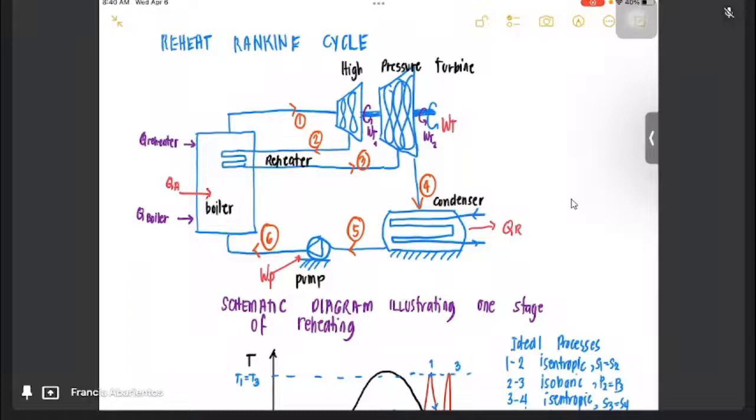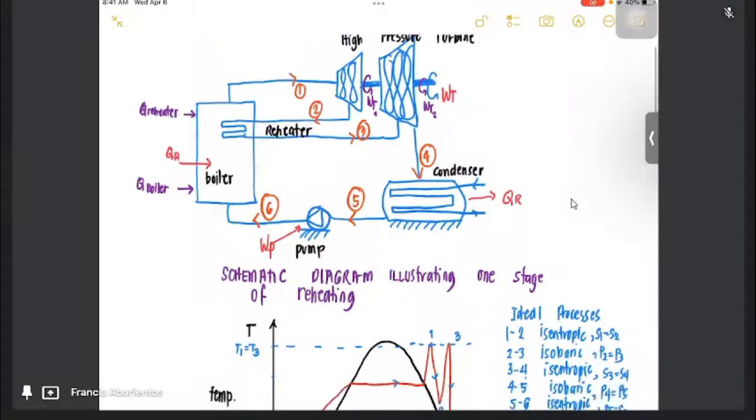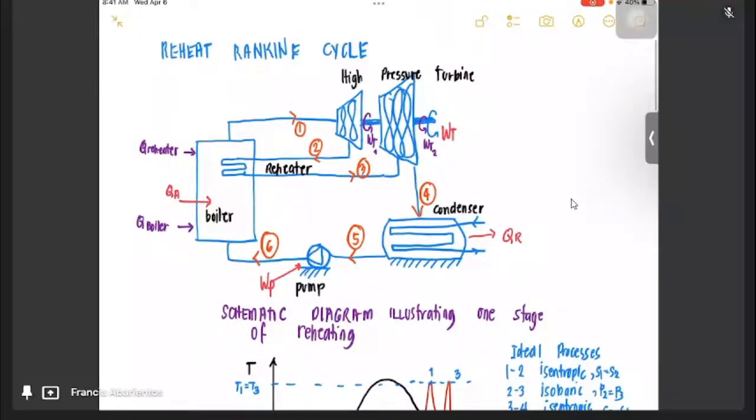So kadalasan, ang na-extract mo na steam is pwede mo pang ma-reheat. So we make use of a reheater. Yan. So may reheater na tayo. Pasok ulit siya doon. So from point 2 to point 3, automatically, yung pressure natin is the same.